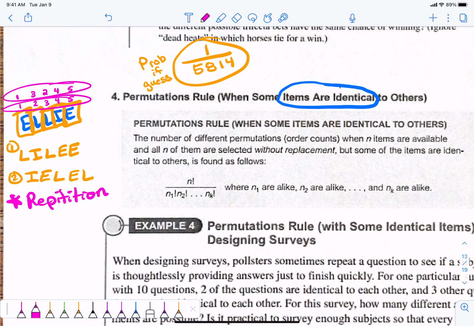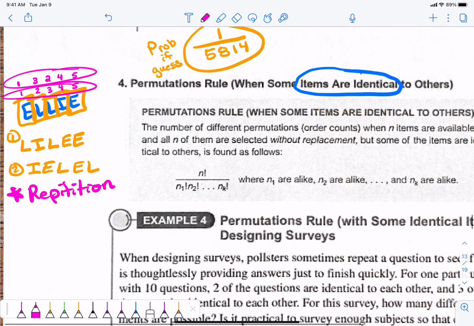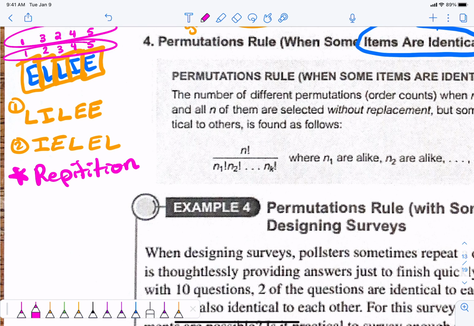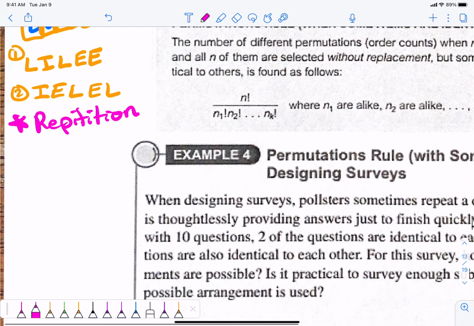Repetition. And we need to use a slightly different formula when we do that. So normally, if nobody has any repeating letters, like Caleb doesn't have any repeating letters, Jackson, you don't have any repeating letters, a bunch of you don't.